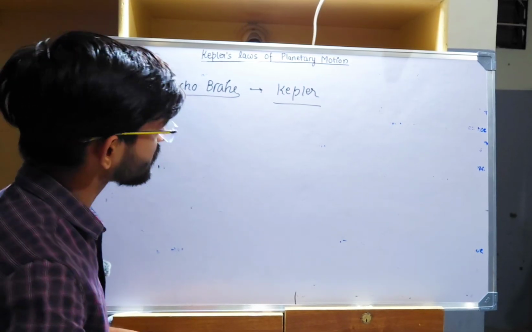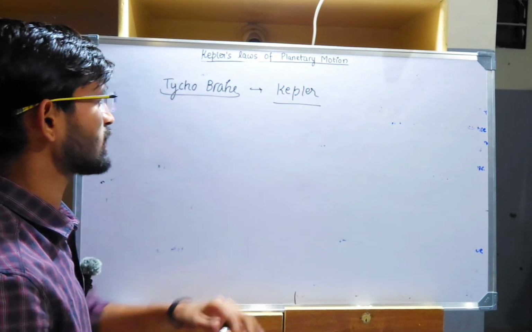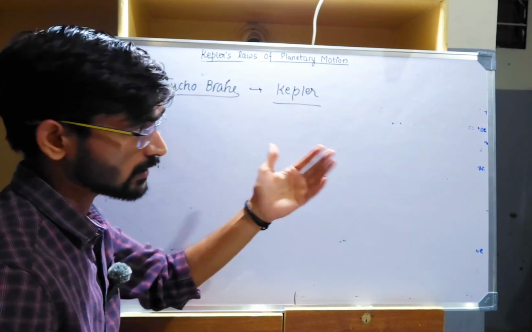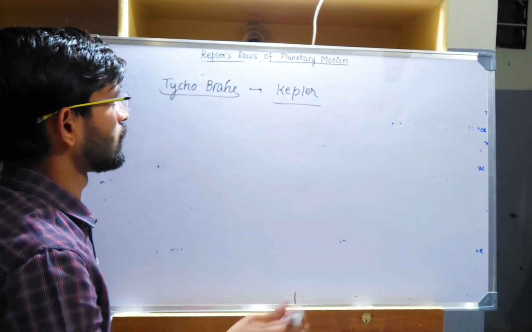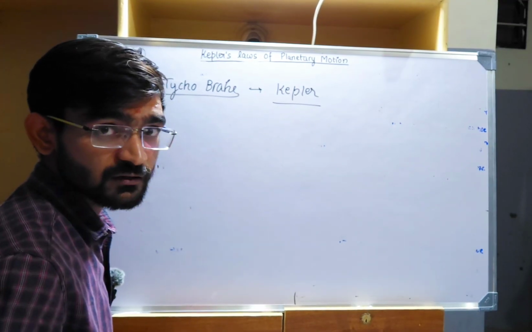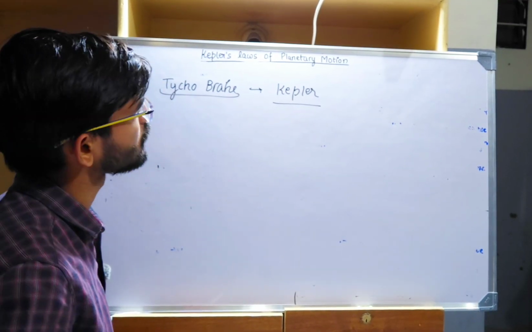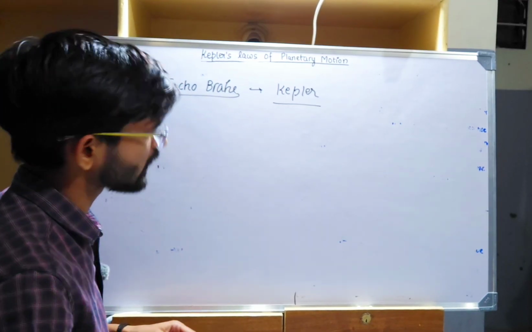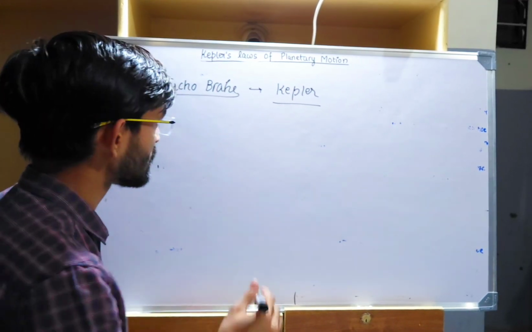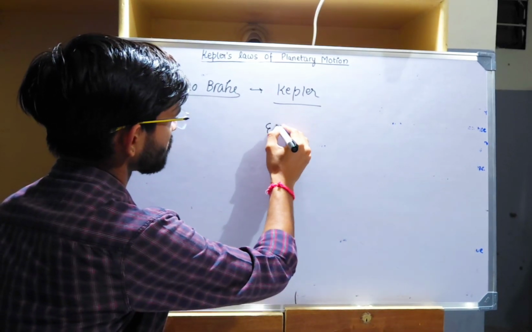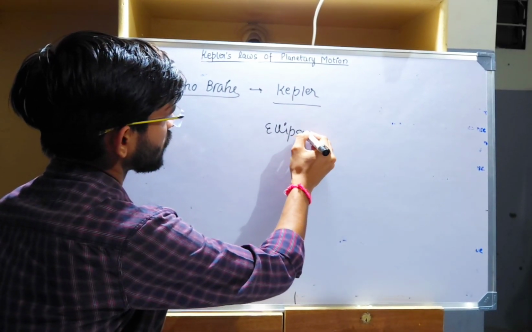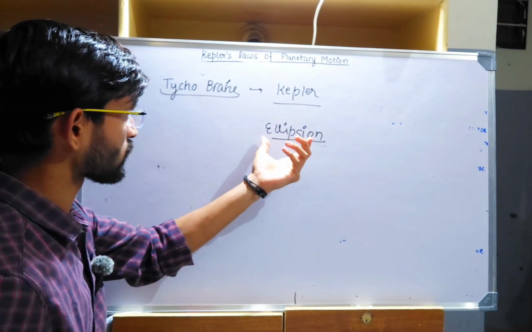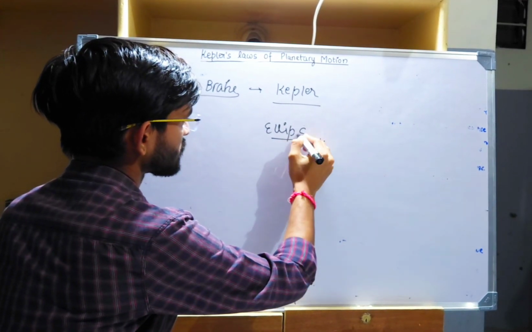First, Kepler tried to fit that data in the equation of a circle, but that data was not matching the equation of a circle. Then Kepler tried other geometrical shapes, and he found that the data of the orbits of planets was in agreement with the equation of an ellipse.